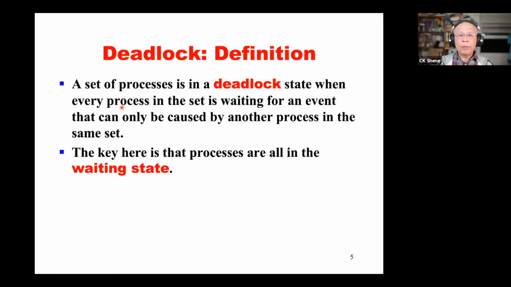Because a process is waiting for an event to happen, and that event currently is not happening because the processes that could cause this event to happen are also blocked. So the key here is that all processes in a deadlock state are in the waiting state.